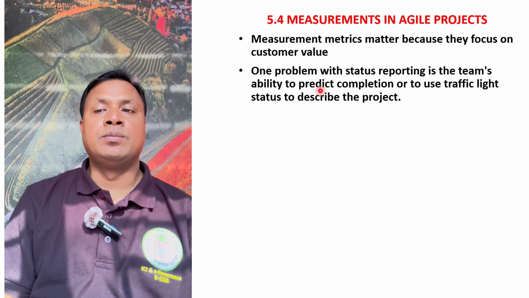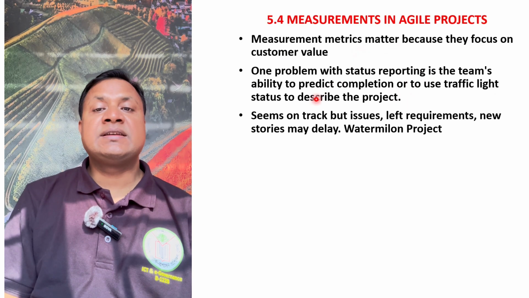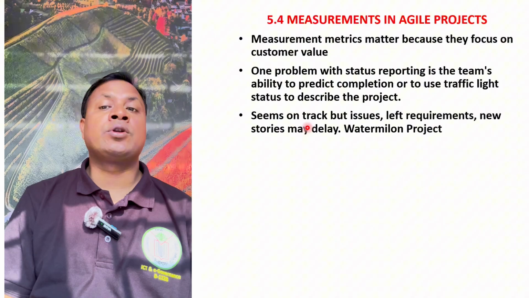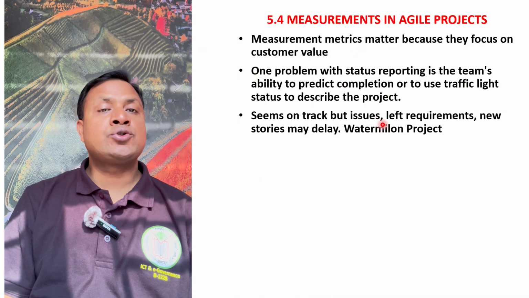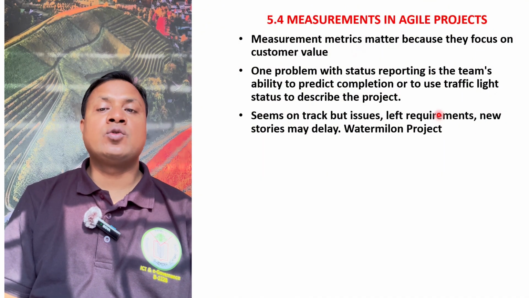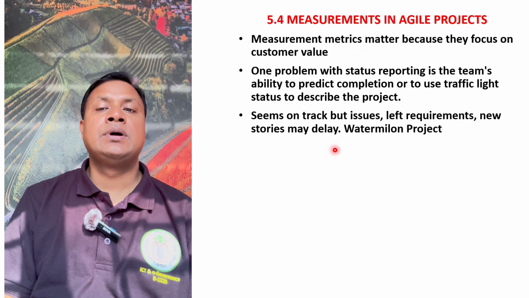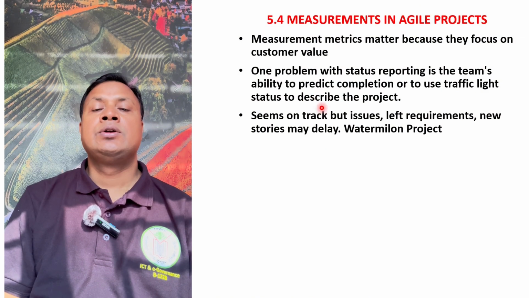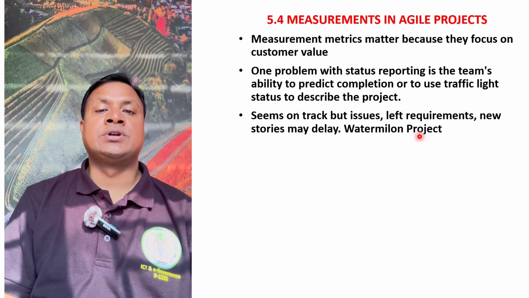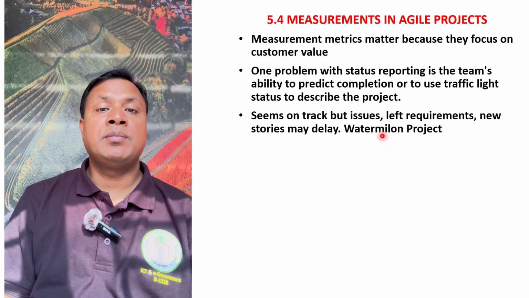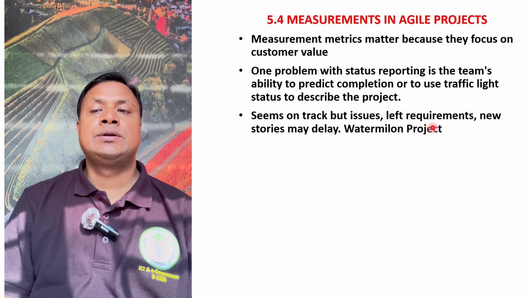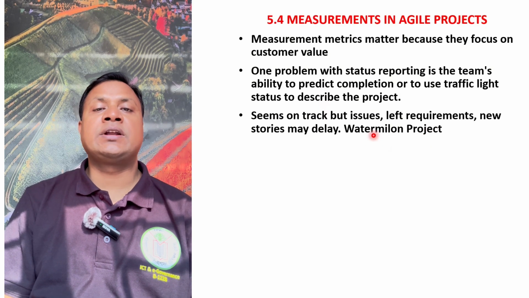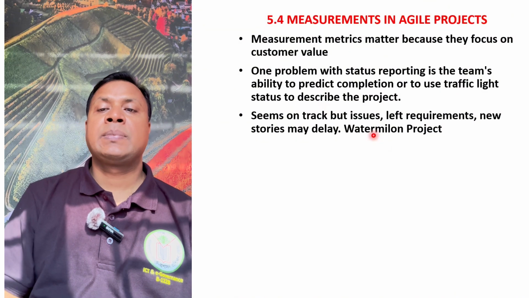So we can assume, but sometimes it seems that we are on track, but some issues, some left-out requirements or new stories may come, so it delays the process. So our traffic light does not work in the systematic manner we have estimated. That we call a watermelon project. Outside green, but inside it's red. So we do not know what is actually inside.